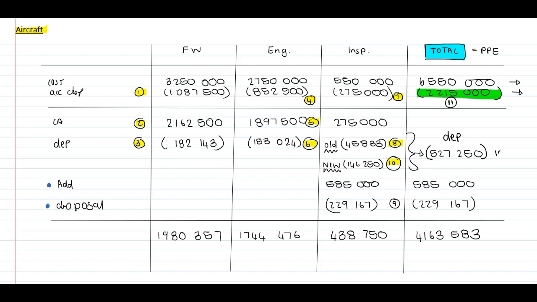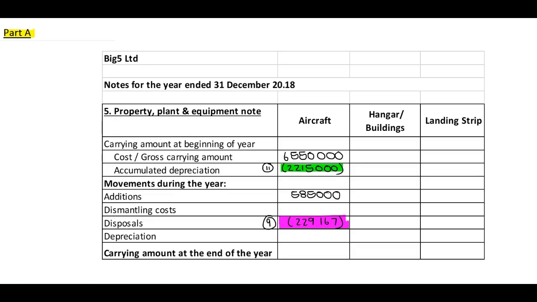Depreciation, let's call this calculation 12, and this will be the 527,250. We need to transfer this. Depreciation calculation 12, 527,250. You are now able to include your carrying amount at the end, guys.